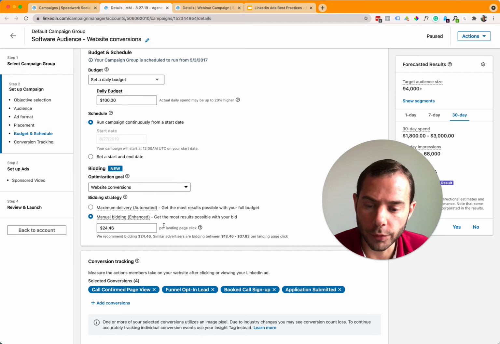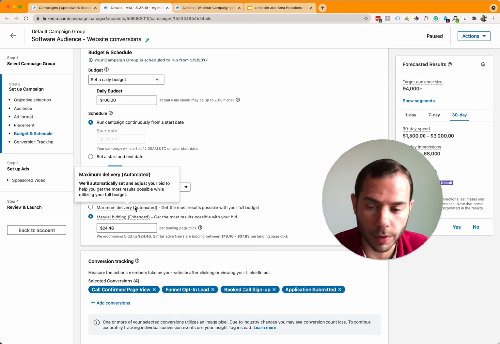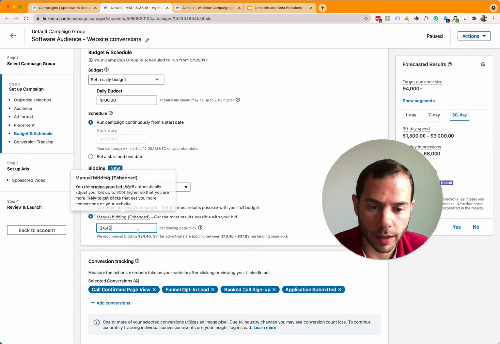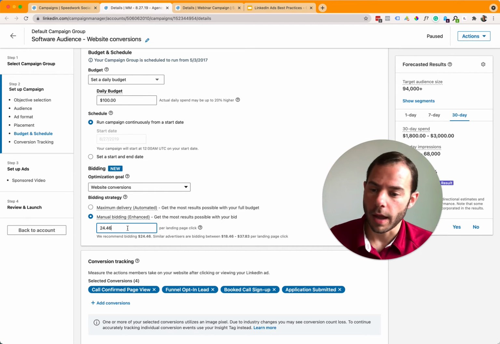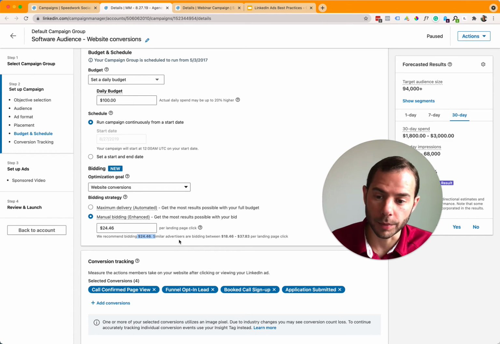Most people, we recommend starting with a CPM bid. There is a case when an automated bid does work, and I'll talk about that in a second. But manual bidding, you want to pay for every click to start, and LinkedIn is showing you these ranges here, and these ranges include all the advertisers on the LinkedIn platform, including some very big companies.